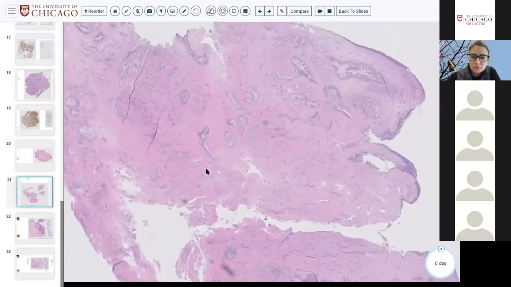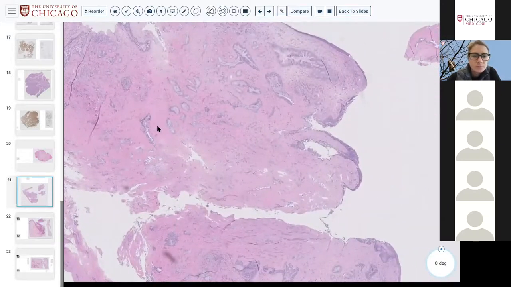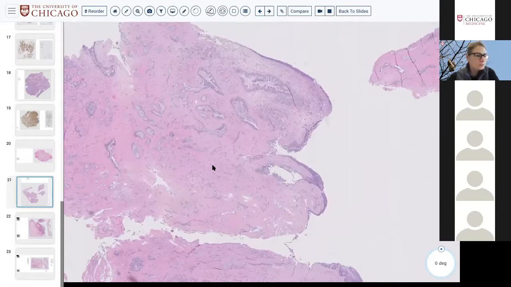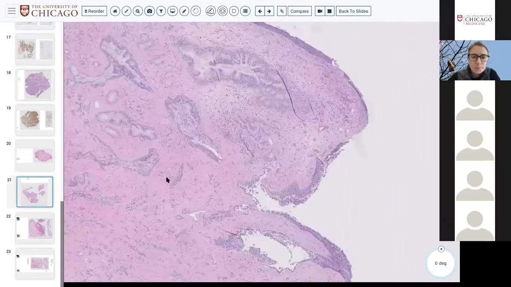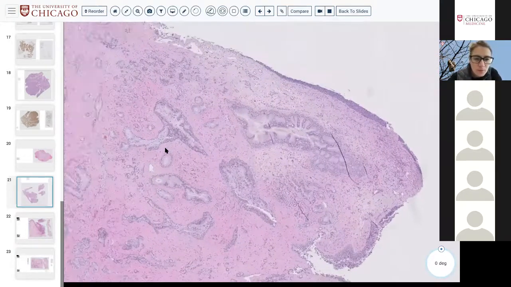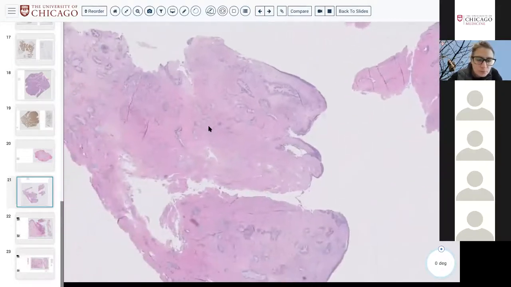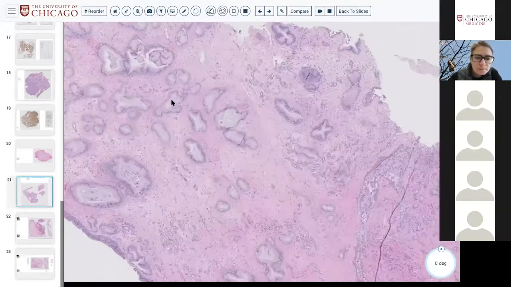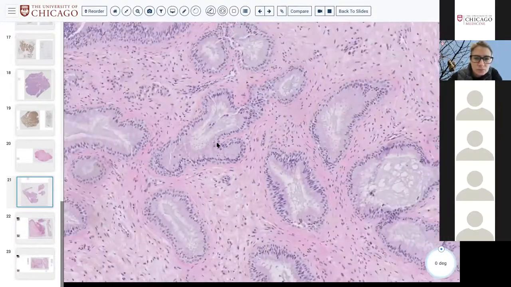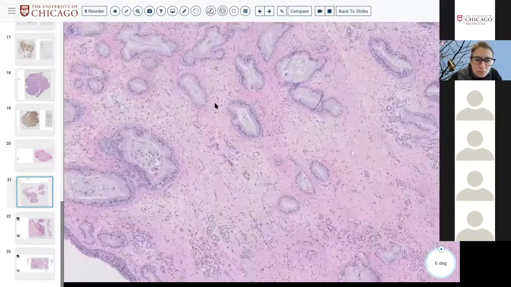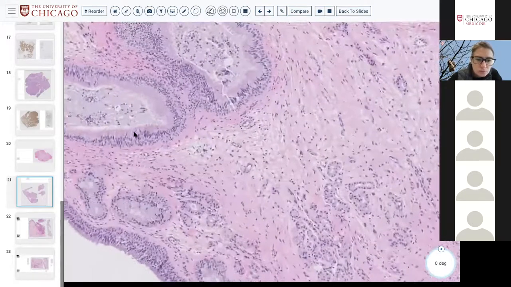I can try this one, if no one else has taken it. There seems to be a glandular proliferation, and these glands are lined by respiratory type epithelium. But there also seem to be goblet cells within those glands.